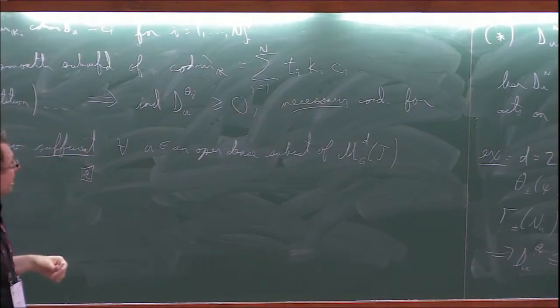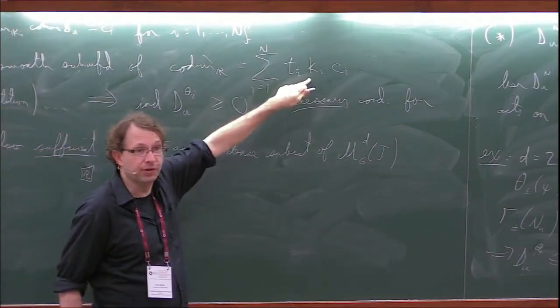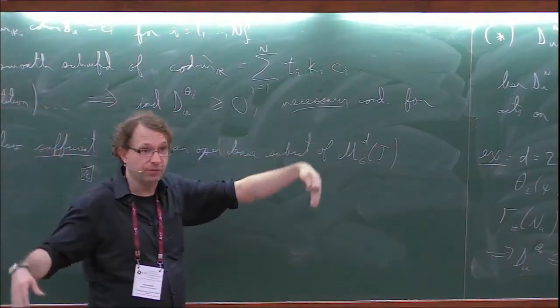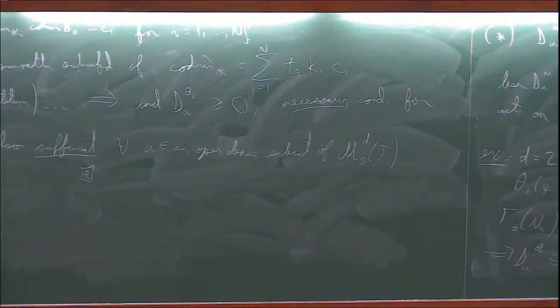But if it's not, then it belongs to one of these moduli spaces where you can choose one of the cokernels to be positive dimensional. And this formula tells you that that submanifold has positive codimension in the whole space of branched covers. So if u doesn't happen to belong to one of these strata of positive codimension, then it will be regular. And everything outside of those strata is actually an open and dense subset. So for an open and dense subset of your moduli space of covers, you do have regularity. That's the point.